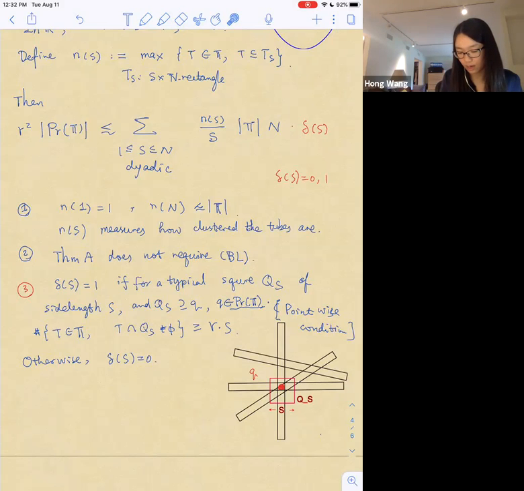The function delta S takes value 1 only if for most of those Q, the flattened square QS contains more than R times S tubes passing through QS. Otherwise, this delta S will be 0.